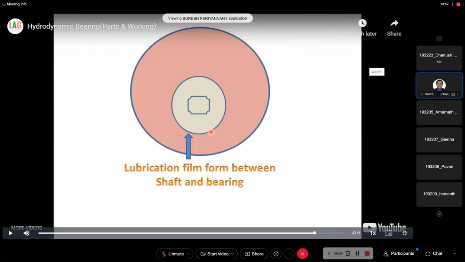The McKee brothers did the experiment and plotted it. We use that curve to understand how the transition happens while the journal rotates from rest to full speed, from boundary lubrication to thick film lubrication, while changing the speed of the journal.